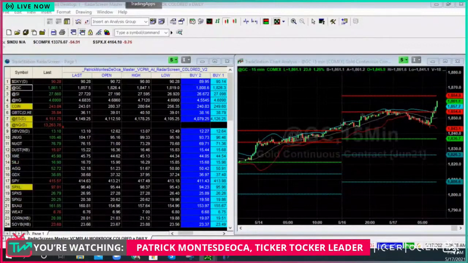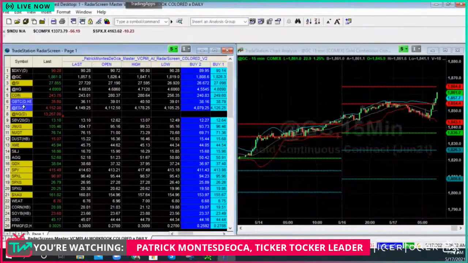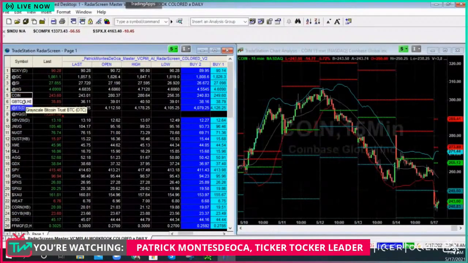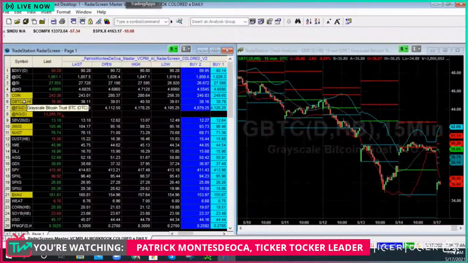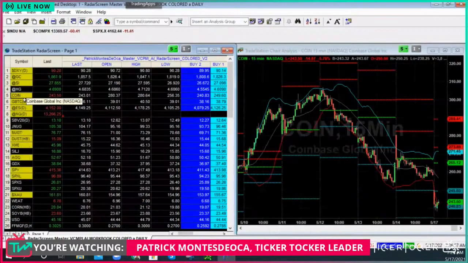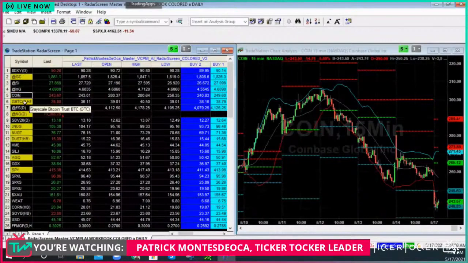Coin got hit pretty hard this morning with Musk's news, commenting about GBTC being liquidated, or Tesla liquidating some of their Bitcoin holdings. But it's come back here from the lows made early this morning.